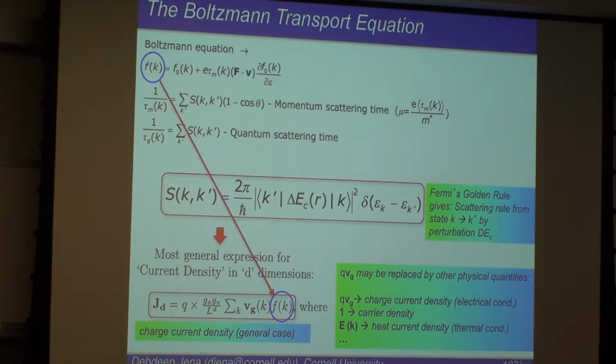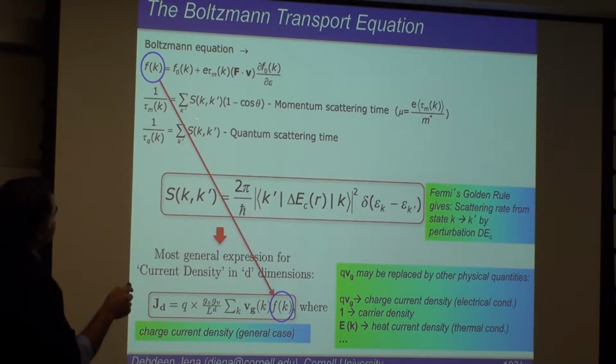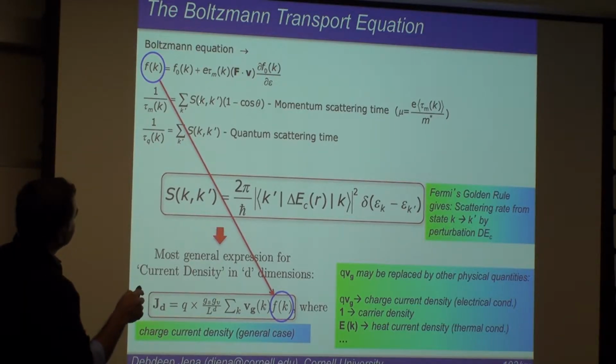It will take roughly tau q seconds or picoseconds for them to dephase, lose their quantum memory, if you might, the coherence of the waves. Whereas this is very much a transport thing, and the ratio of them can tell you what sort of scattering mechanism you have, and that will become clear very soon.